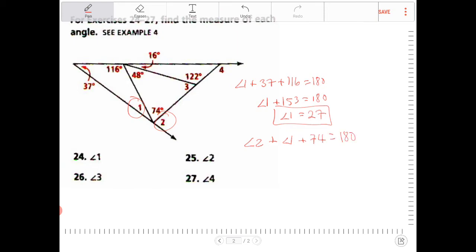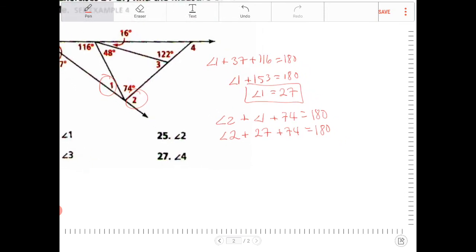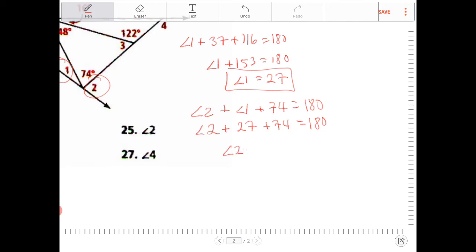And now that I know angle 1 is equal to 27, I can say angle 2 plus 27 plus 74 is equal to 180. Combine like terms, angle 2 plus 101. Whoops. Is equal to 180, or angle 2 is equal to 99.